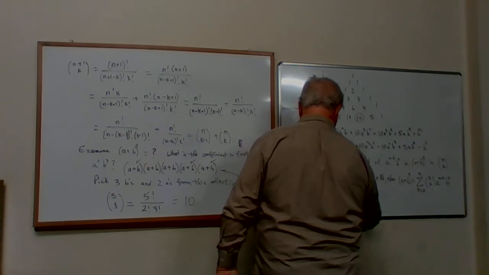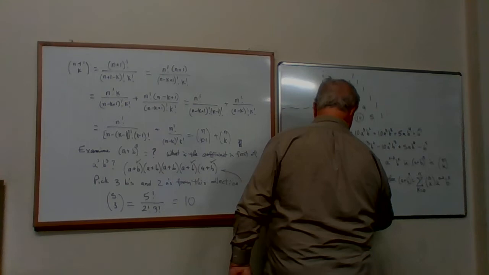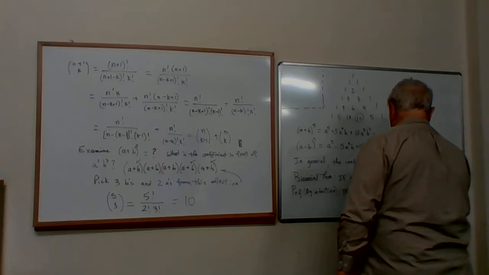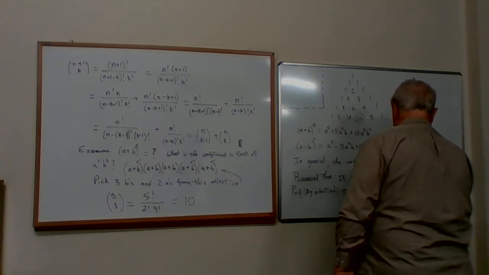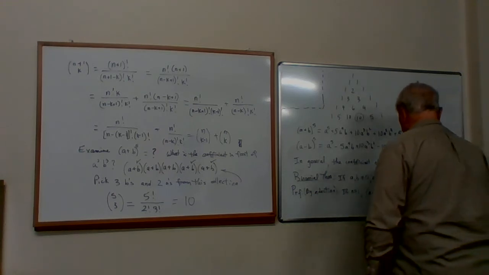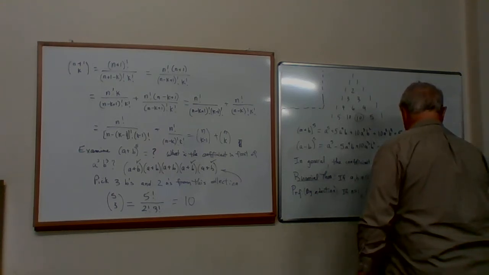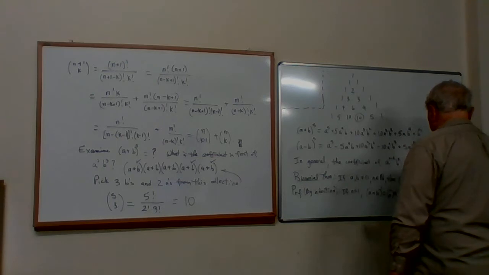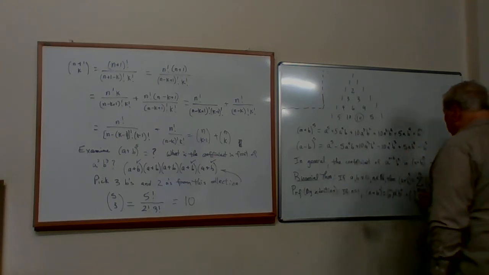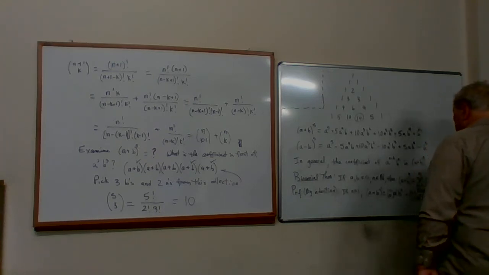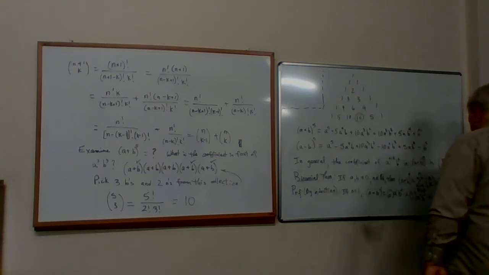Got enough room on this board to do the n equals 1 case. If n equals 1, then a plus b to the 1 is equal to the sum from k equals 0 to 1 of 1 choose 0 times a to the 1 b to the 0 plus 1 choose 1 times a to the 0 b to the 1, which is equal to a plus b, and that one works out.